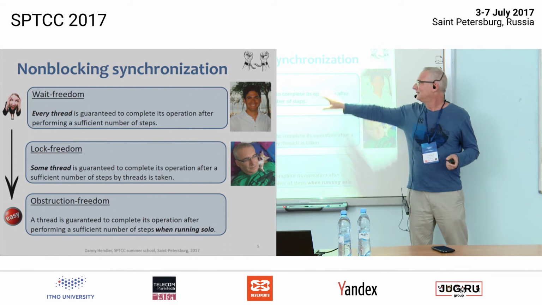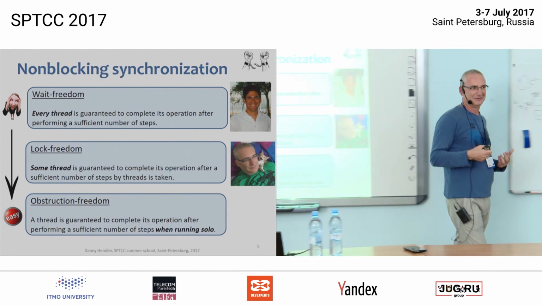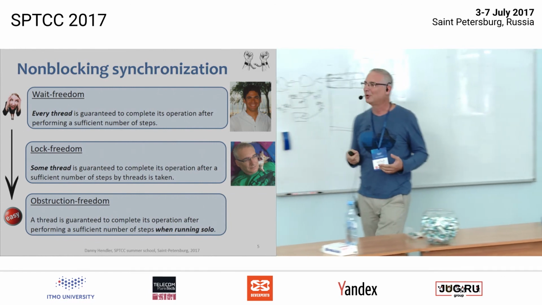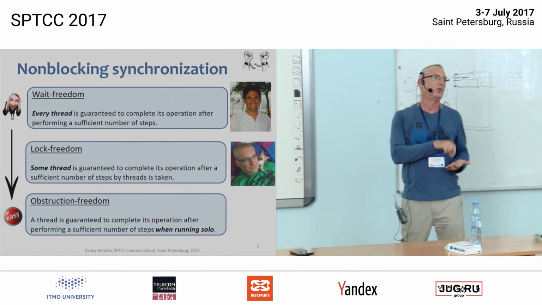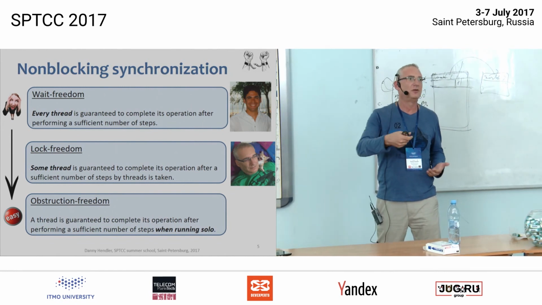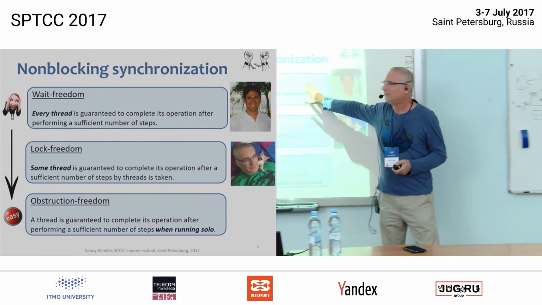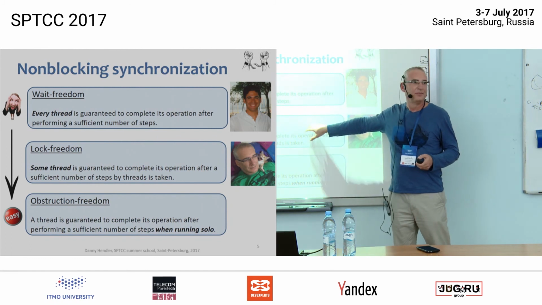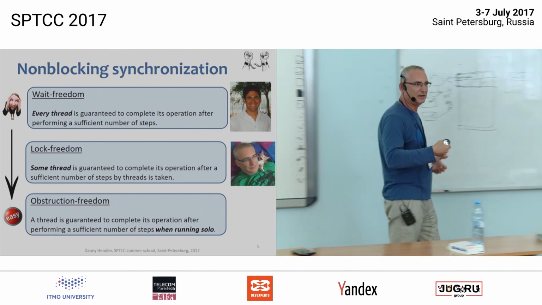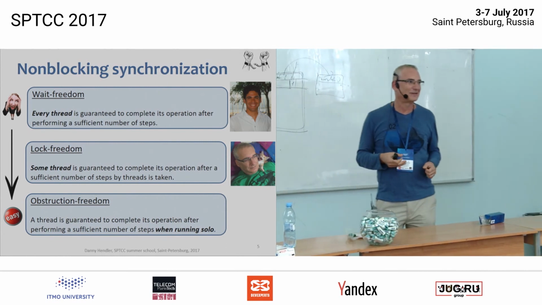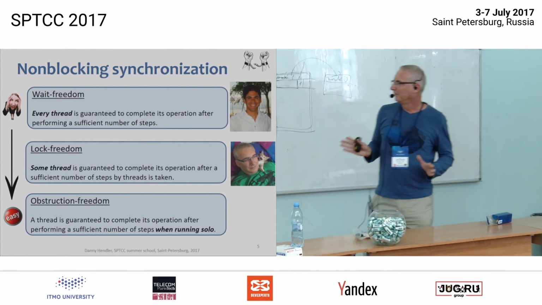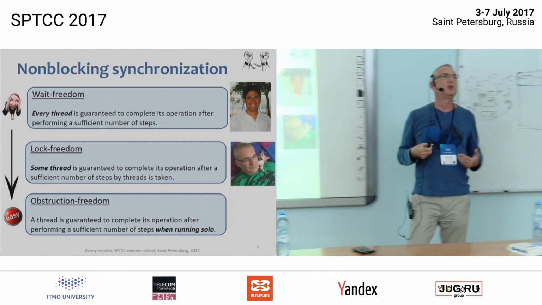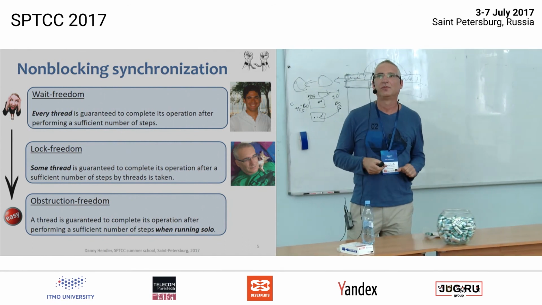So this means that a wait-free algorithm cannot use locks, because if the algorithm uses mutually exclusive locks, then if one thread dies while holding the lock, other threads cannot make progress. So if our algorithm is wait-free, or even lock-free, then it does not really rely on mutual exclusion locks. So if our algorithm satisfies either one of these conditions, then it can synchronize without the use of locks. Is this clear?